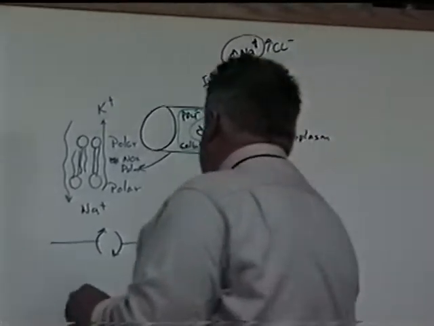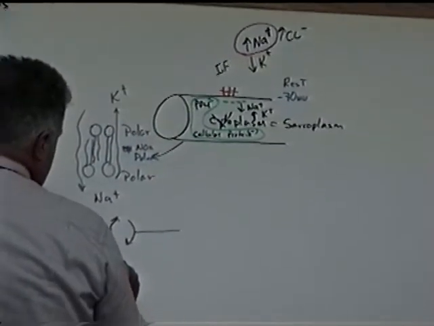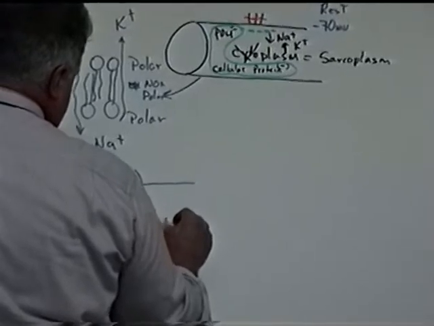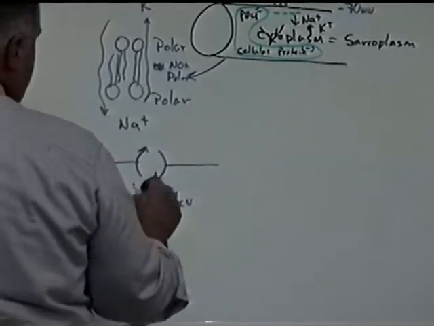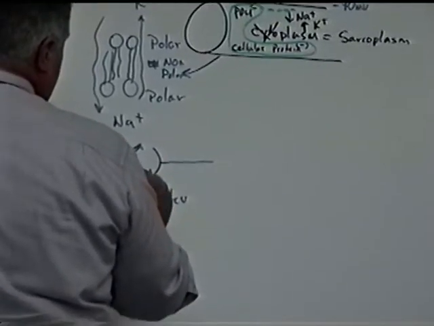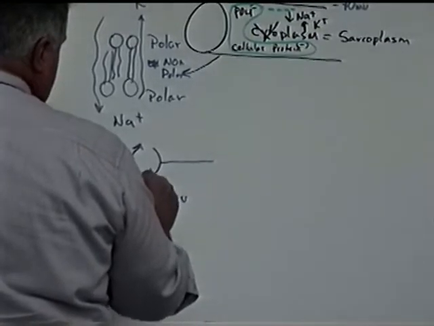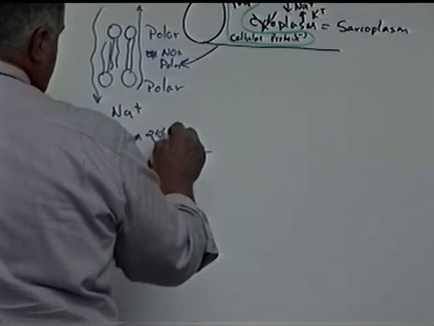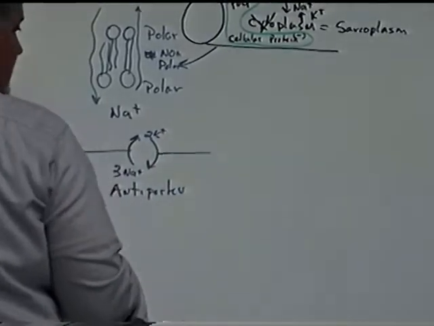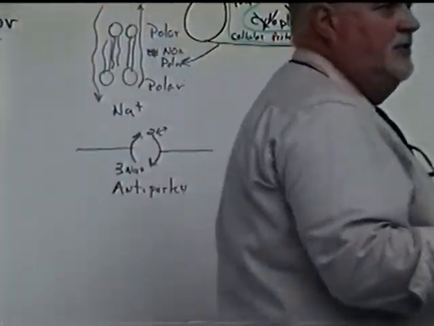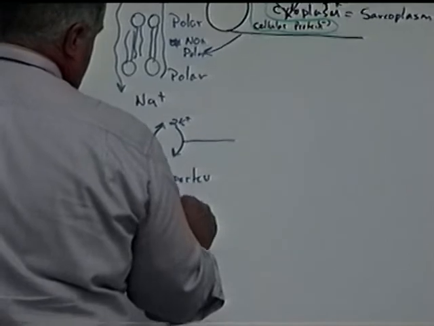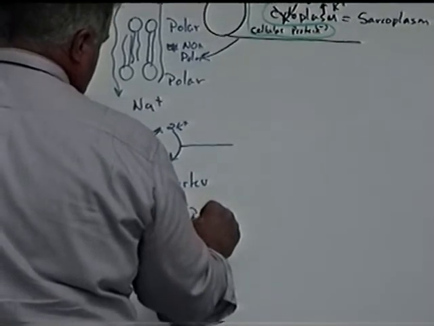Yeah. So what we essentially have in skeletal muscle is an antiporter system. It moves 3 sodium outside of the cell for every 2 potassium that it moves inside the cell, because sodium runs through at a faster rate. So we typically just call this thing a sodium-potassium pump.